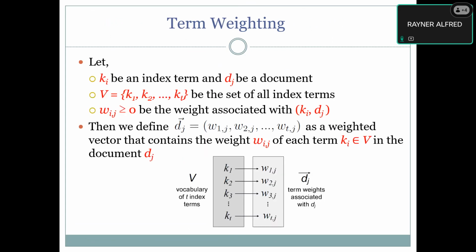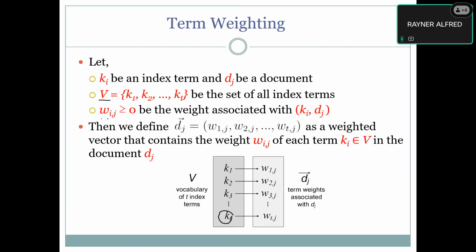Okay. So in that case, we will have a list of keywords that we have, the vocabulary, up to the T terms, T index terms, and each one of them will have their own weightage. Okay, so we have the vocabulary.